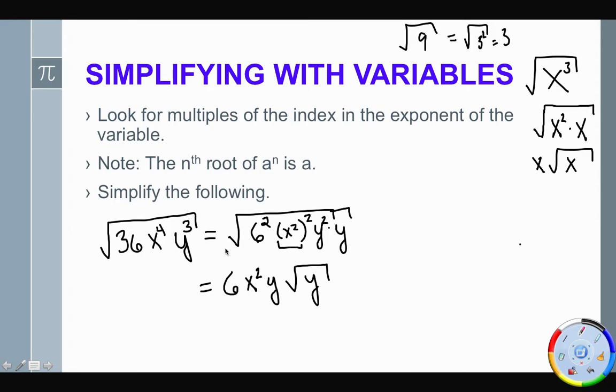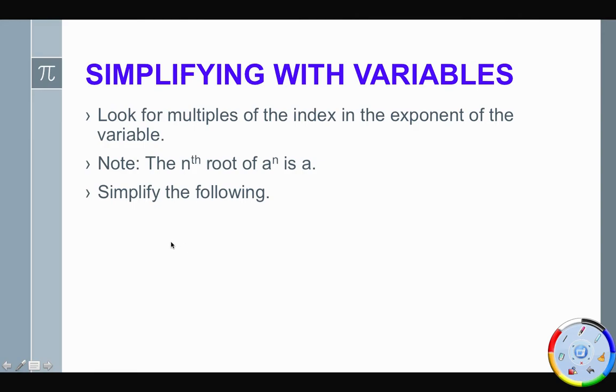Once you get the hang of this particular type of problem, you'll be able to find shortcuts that make your life a lot faster. What if we had the square root of 72 times x to the fifth?